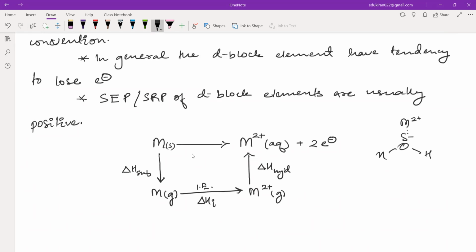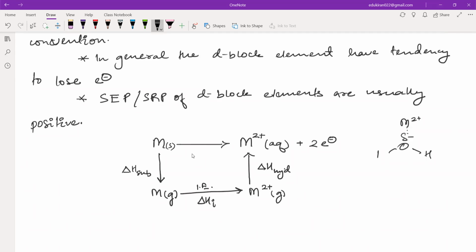This is favorable. When I go from M solid to gas, I have to give energy. To remove an electron, I have to give energy. But hydration enthalpy is a stabilizing effect, with attractive forces involved.